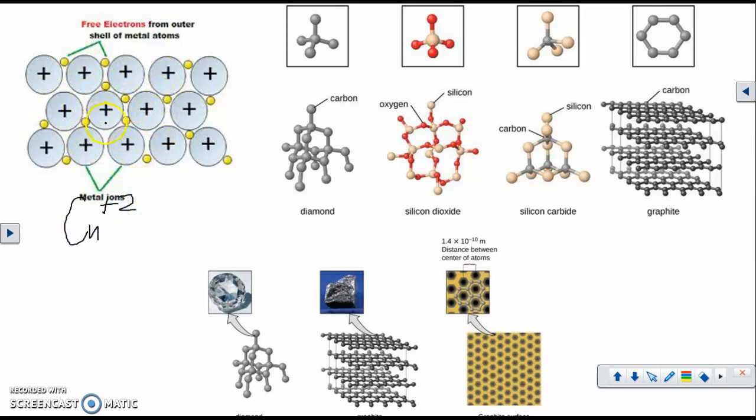Please recall that metals, in order to meet the octet rule, wish to get rid of their electrons, okay. Having said that, if you are a metal adjacent to another metal, all of you want to get rid of your electrons, right? No one wants to get an electron.